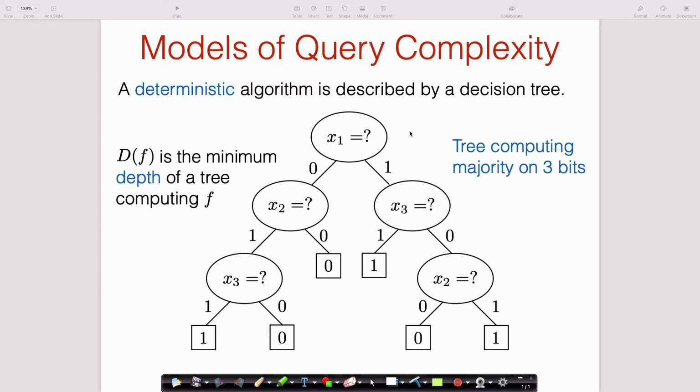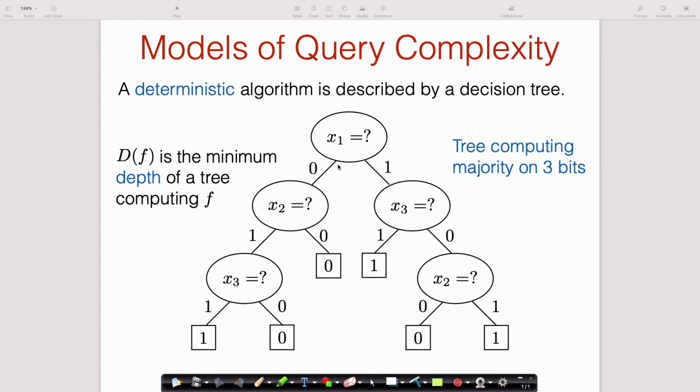Let us begin with the case of classical deterministic query complexity. This model is very elegant because an algorithm is just described by a binary tree. In every node of the tree, we ask for the value of some bit of the input. We ask what is x1, for example. The answer to that is just going to be 0 or 1.